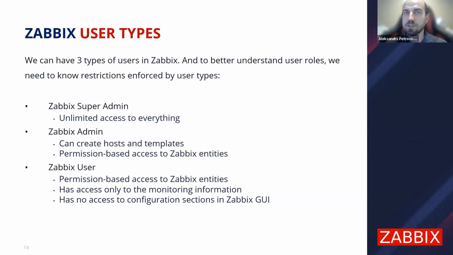Then we have Zabbix admins, those who will also work with Zabbix, who will monitor and configure some things. And for those, we must specify what exactly they can configure and what exactly they will see. And then the Zabbix users, the users who will be able by default to basically just view the data.